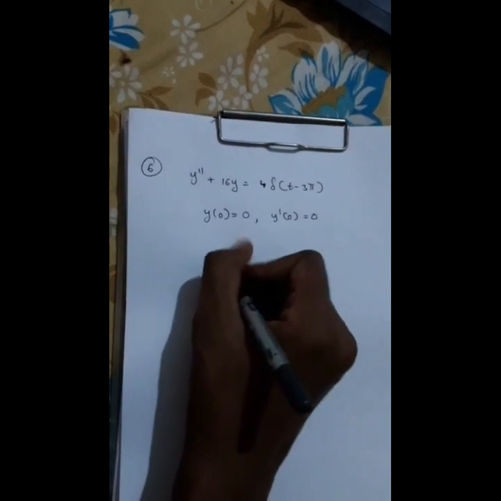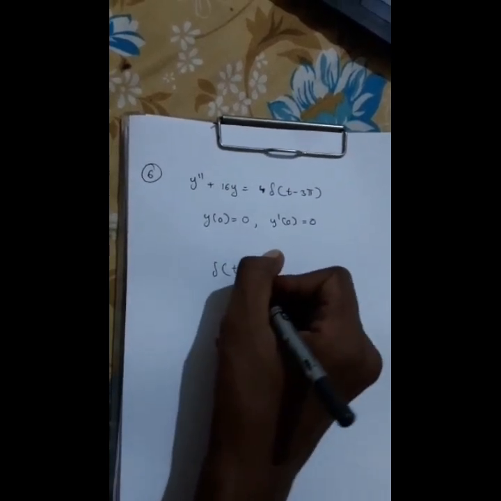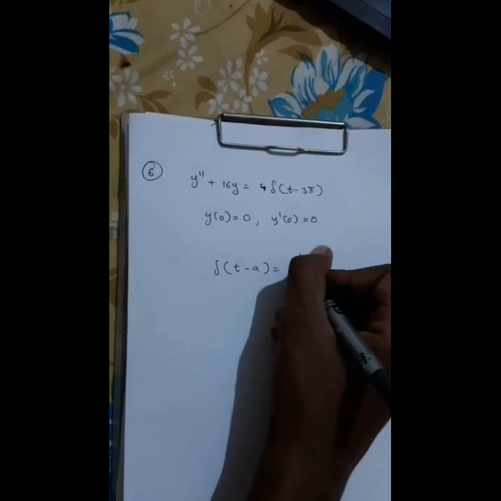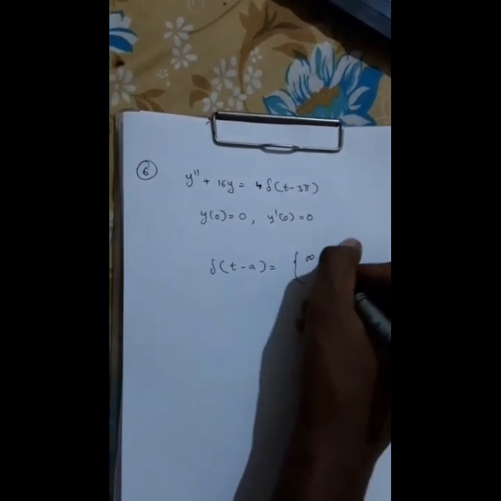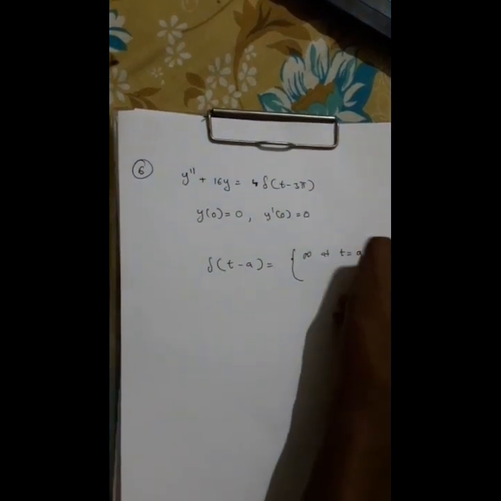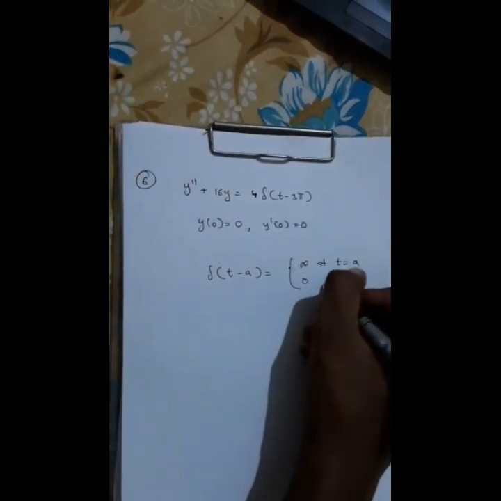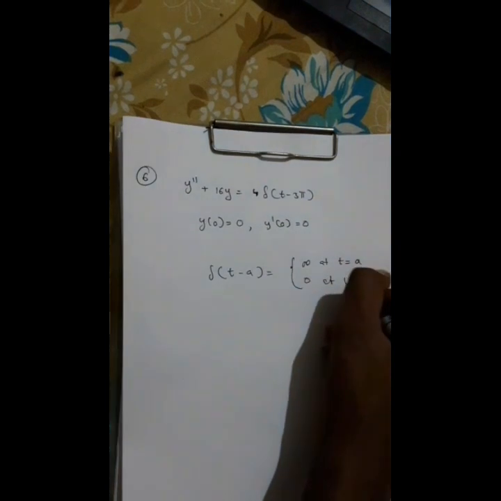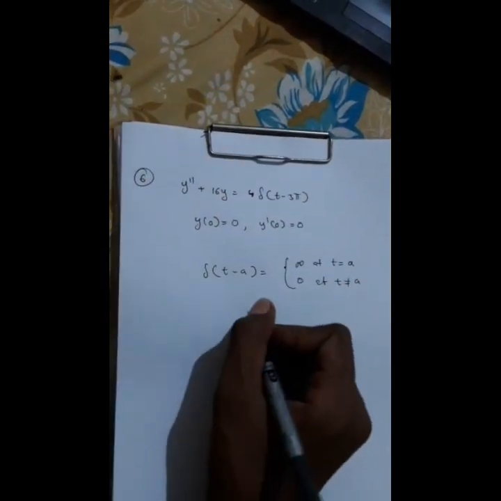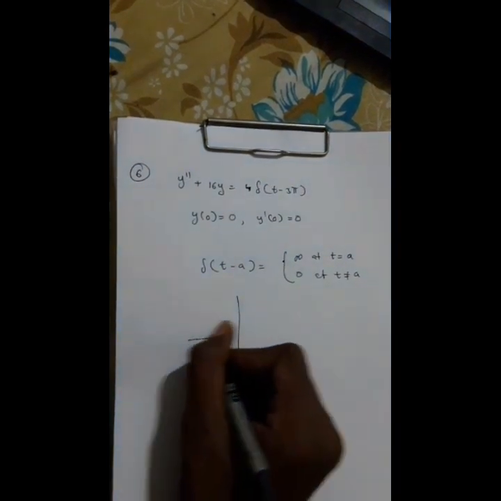The delta function is defined as delta of t minus a is equal to infinity at t is equal to a and 0 at everything else. So the graph would look somewhat like this.